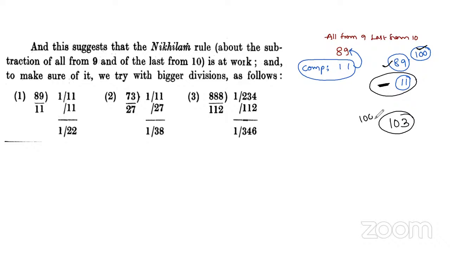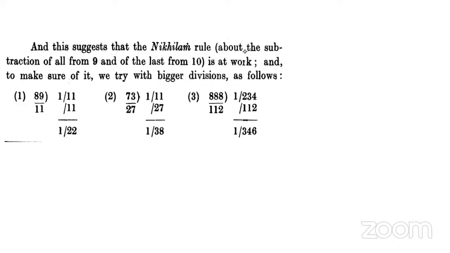Then 100 will be my base number, nearest to 103. Then you are taking 3. It is positive. Why? Because the divisor is more than the base number. Then in this case you can subtract. But in this case it's less than the base, so it is negative. Already a negative divisor we are taking, and in the division we are subtracting, so negative into negative will be positive. Okay. I hope you understand.